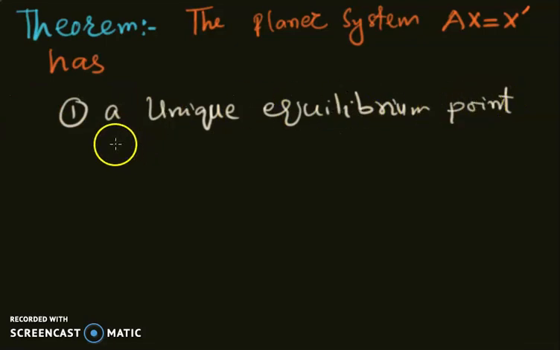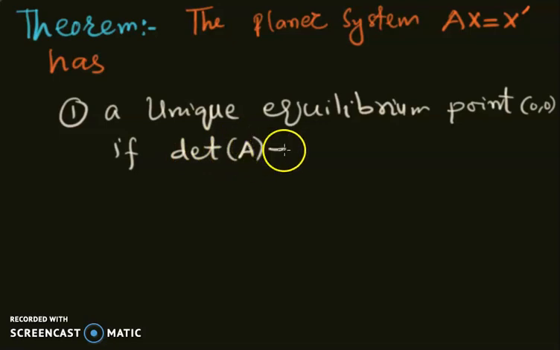The unique equilibrium point is 0, 0, so this is going to be x0 and y0, if determinant of A is, as already discussed, non-zero.